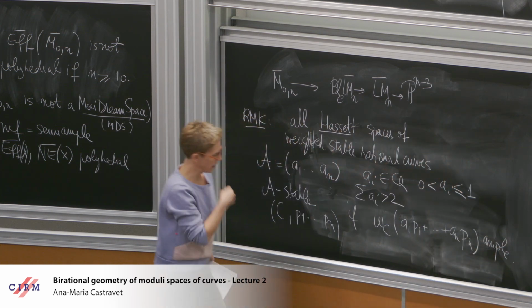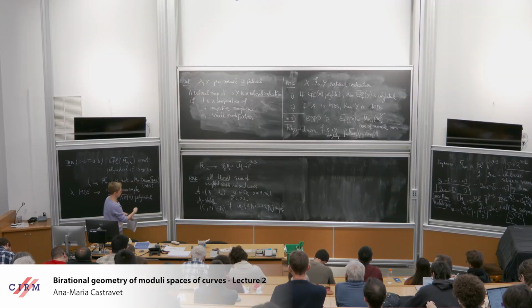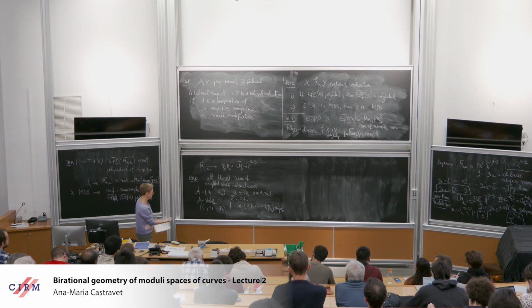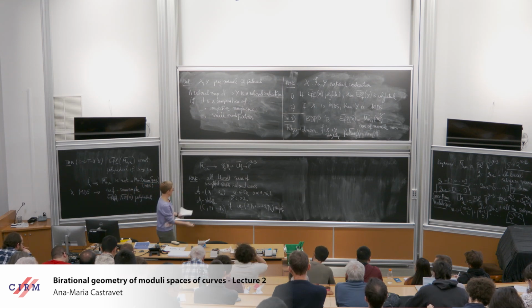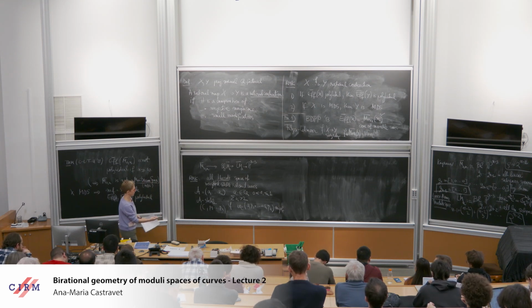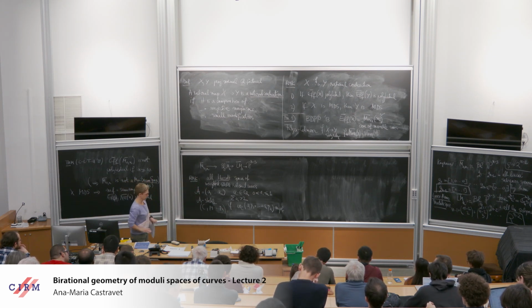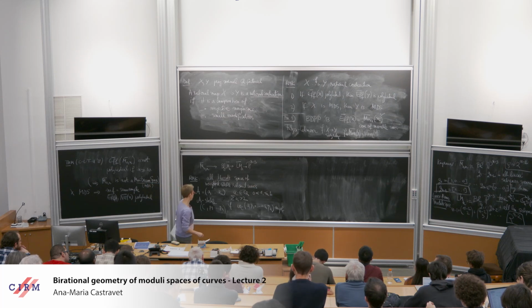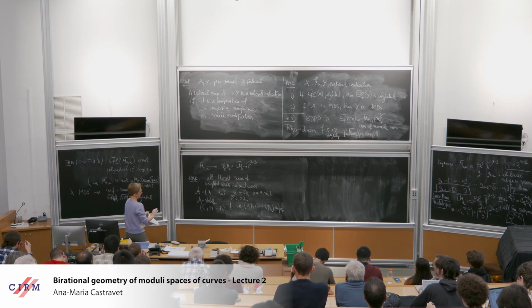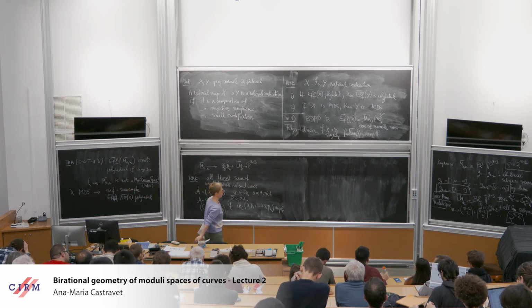So you change nothing on the locus of irreducible curves. So P1s with n distinct points will always be stable. And what you're changing is what kind of reducible components you allow. And it's always simpler than the trees that you get for M0n bar.